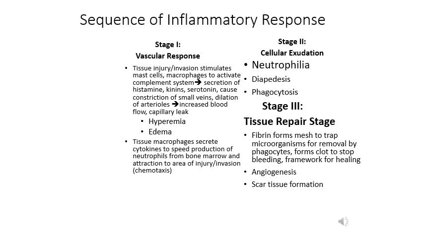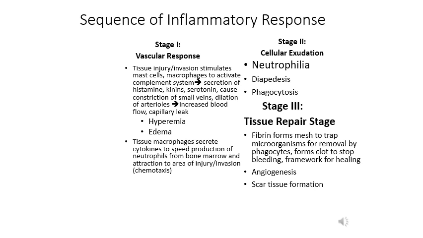And then we'll talk more about phagocytosis, and again, this is primarily just thinking of engulfing and eating up any of the foreign material. So neutrophils and macrophages are phagocytic, and they will go ahead and engulf and destroy the foreign materials. And then stage 3 is the tissue repair stage.